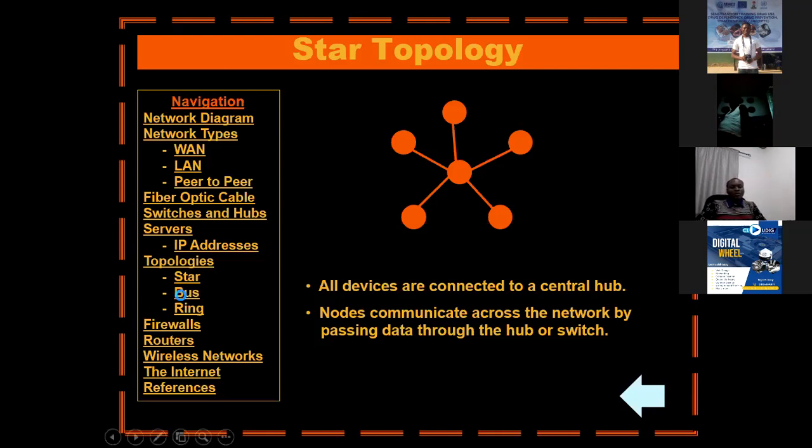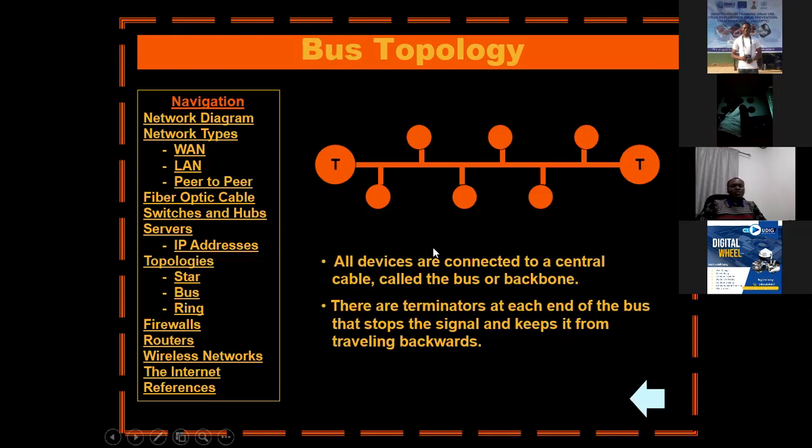Then you have a bus network. A bus network is a straight cable network with 2 ends or 2 terminals, from the source to the receiver. Then other devices are connected to it, just like it is being denoted here.